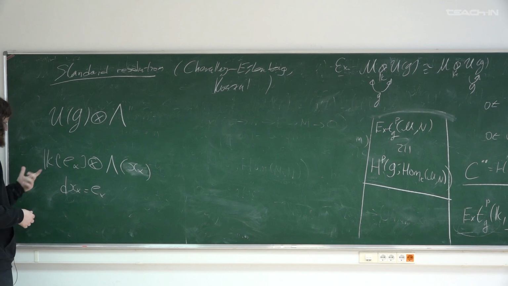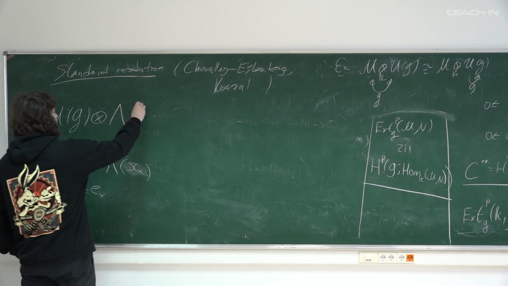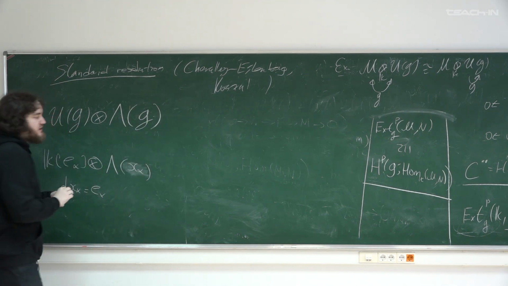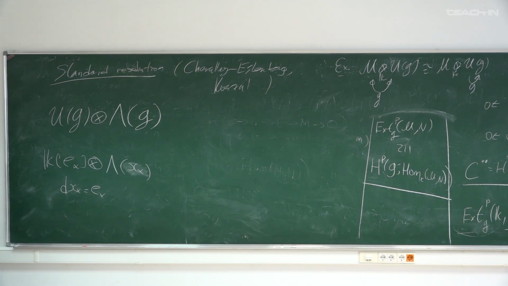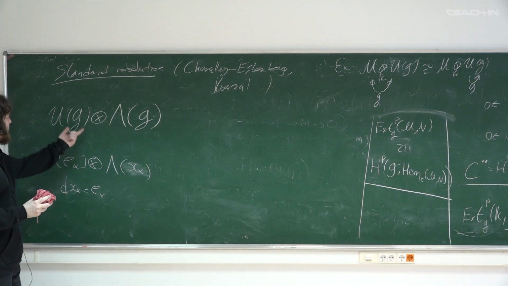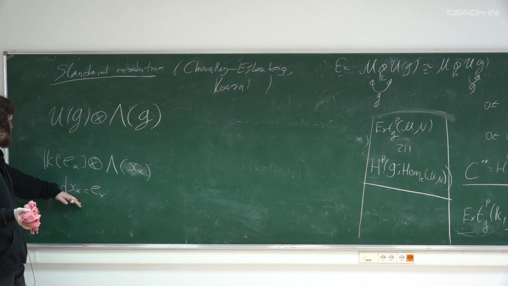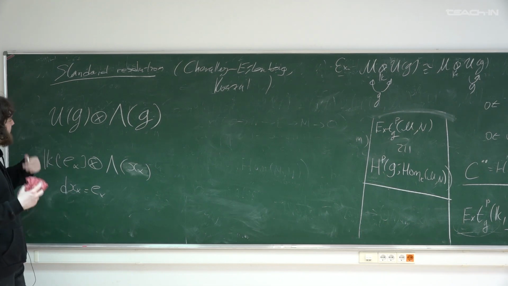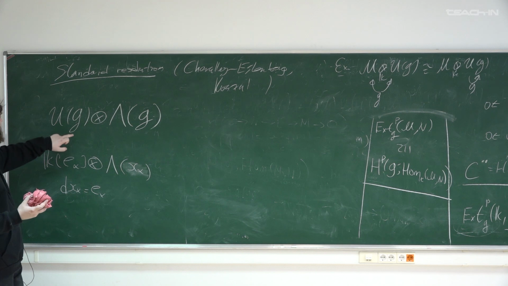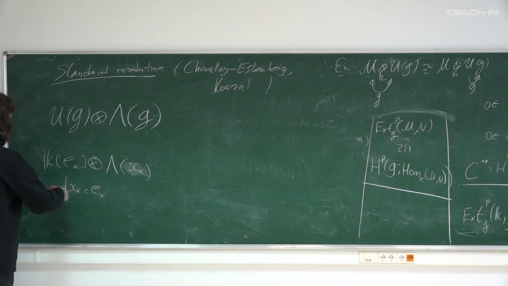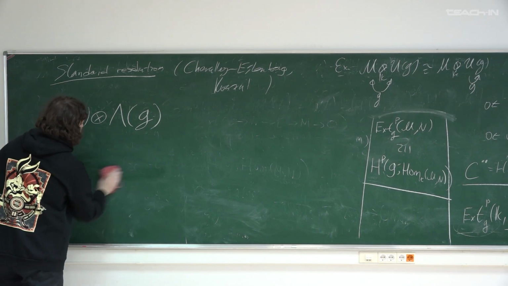Now here we also have G, but the differential is the sum of two parts. One part is just the Koszul differential, and the other is an additional part that comes from the commutator in G, which is 0 in the abelian case.